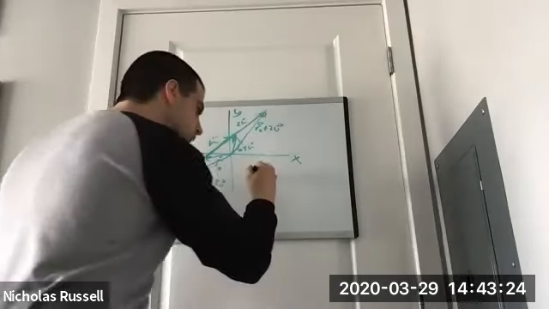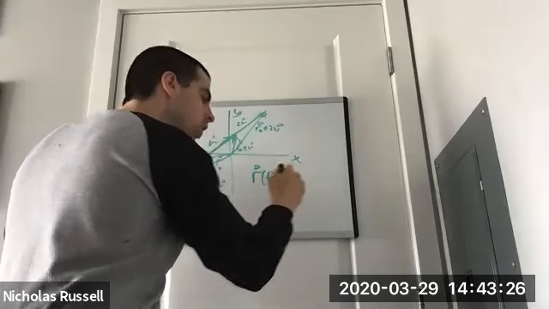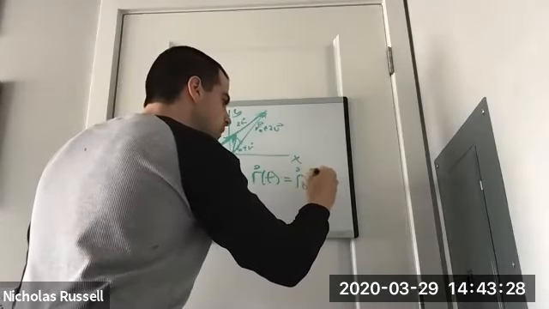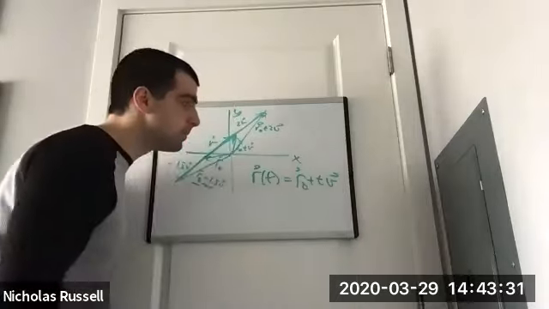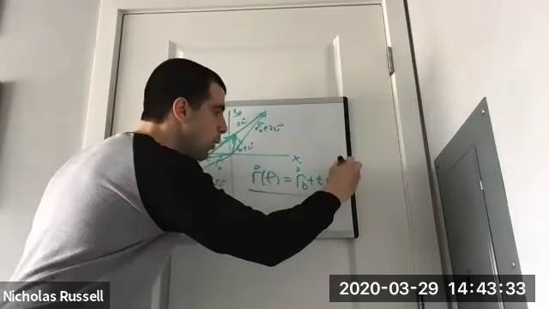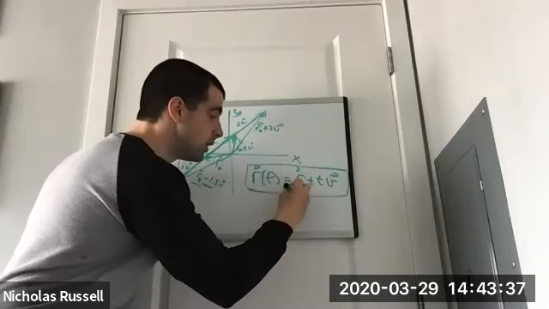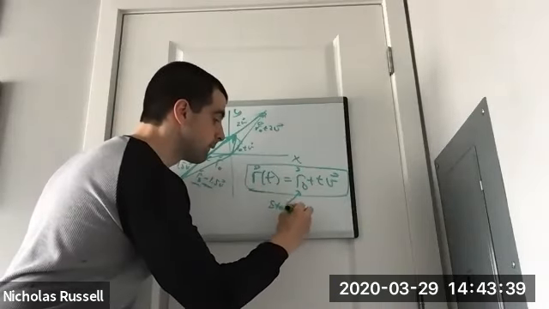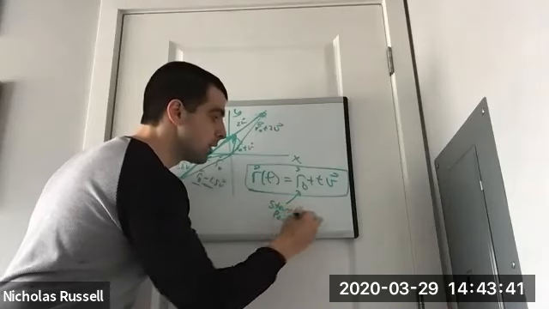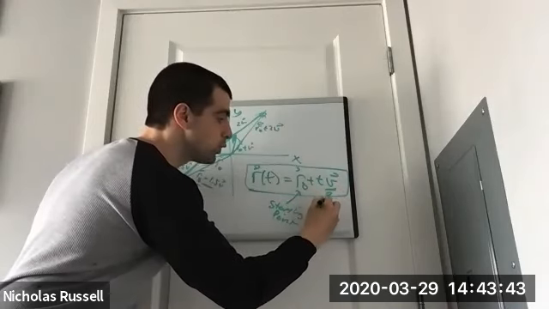In a more general sense, I say R of t is equal to R0 plus t times v. And this is the equation of a line, where t is my parameter, R0 is my starting point, and v here is called the direction vector.